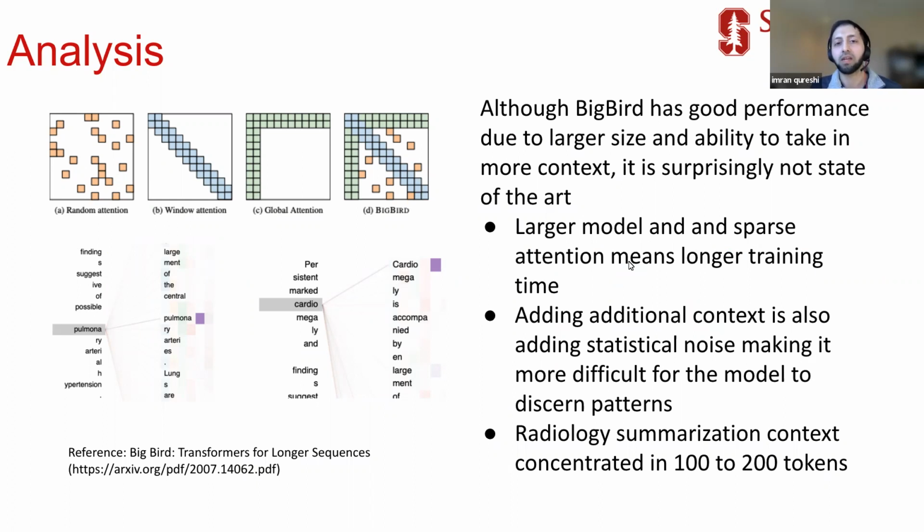Because we knew that ahead of time, the linear attention mechanisms of Big Bird were not as useful, because those sections are 100, 200 tokens. So the Big Bird model just didn't have much of an advantage because the context wasn't spread out across the document. Finally, our fine-tuned checkpoints on PubMed or clinical data didn't perform as well because we noticed that this summarization task was quite different from the statistical distribution that those fine-tuned checkpoints were trained on.